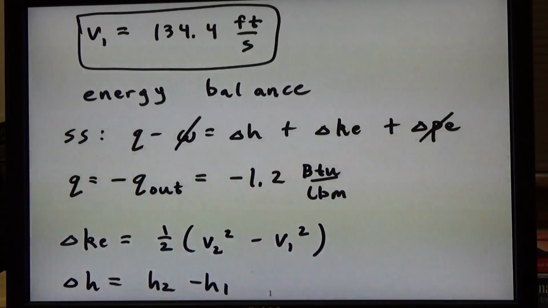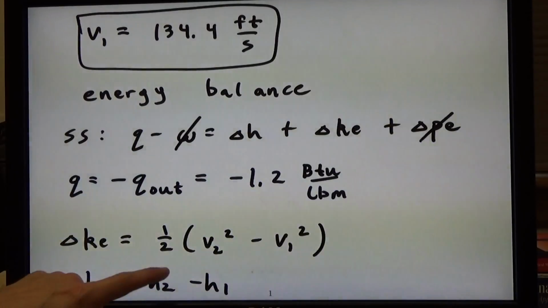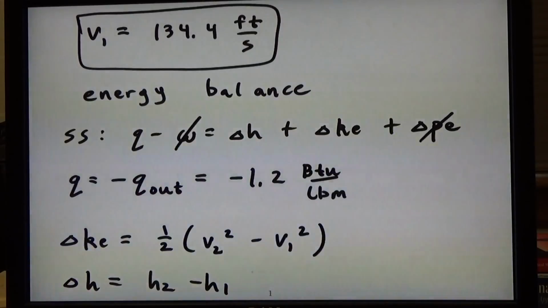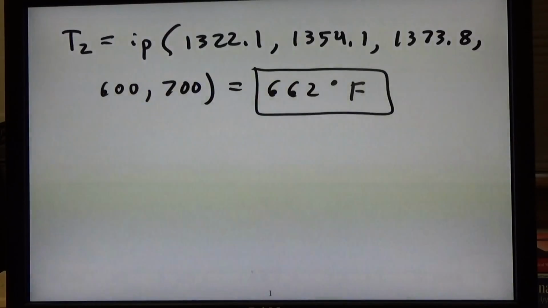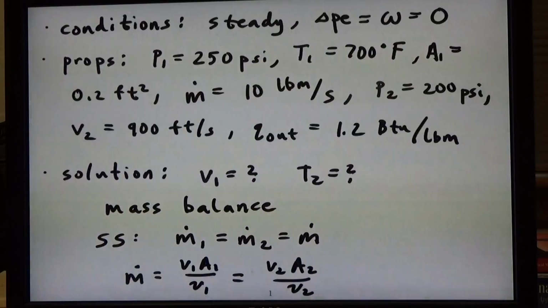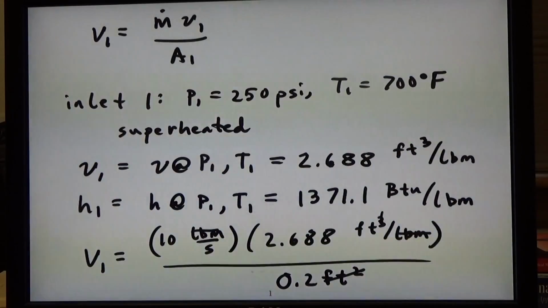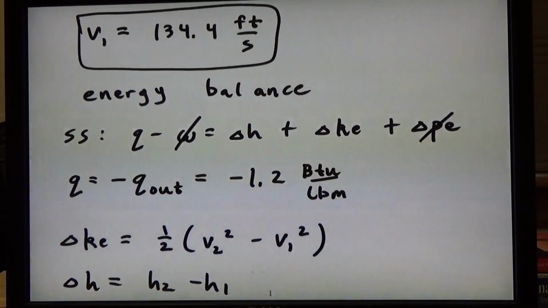So this is an example of where we're given the heat transfer, and we were solving for some property at state 2. So it's kind of like the backwards problem for the energy balance. Our final temperature turned out to be 662, and our inlet velocity we found to be 134.4 feet per second.